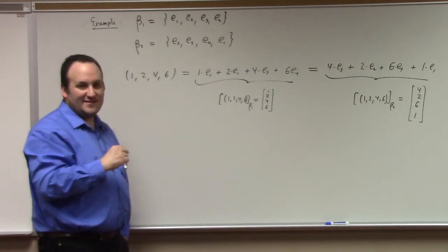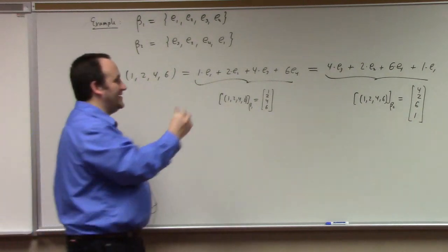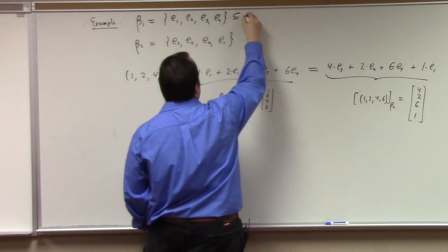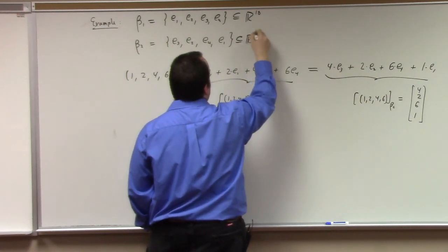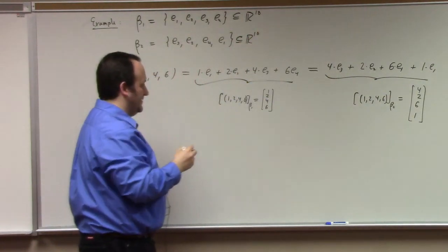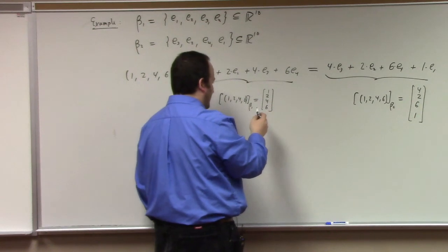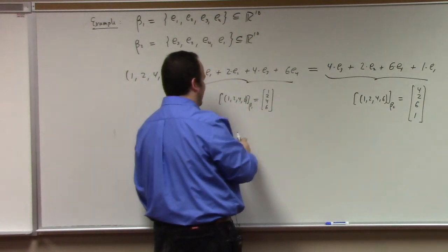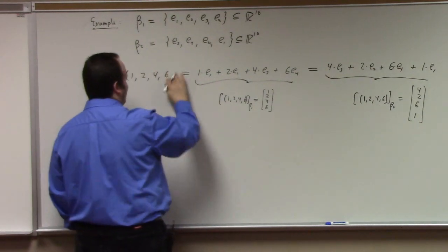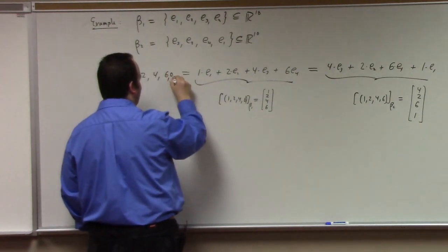So tell you what, let's make it exciting. This is a subset of R10, right? In other words, I'm missing some zeros.